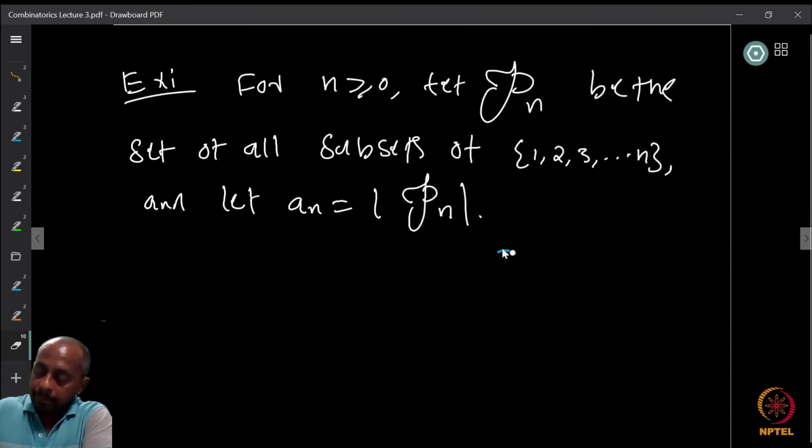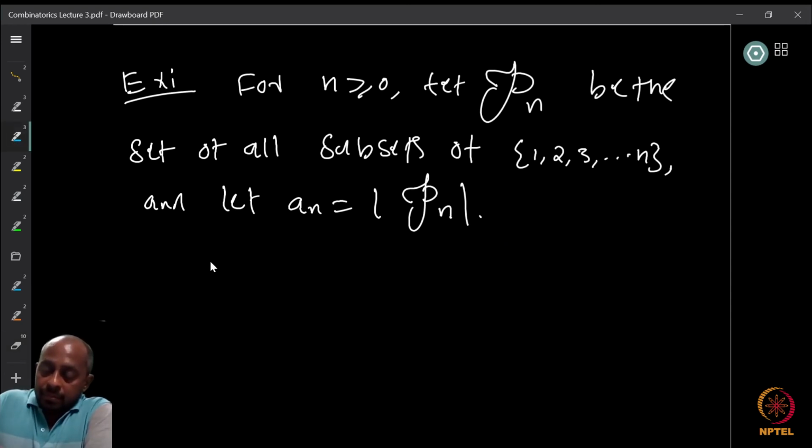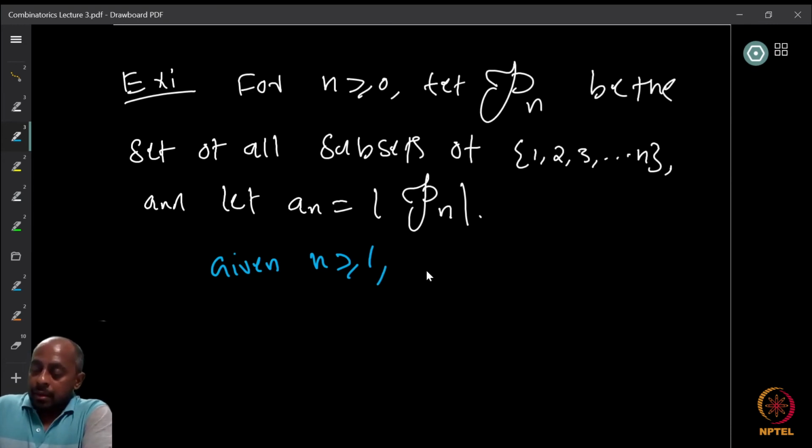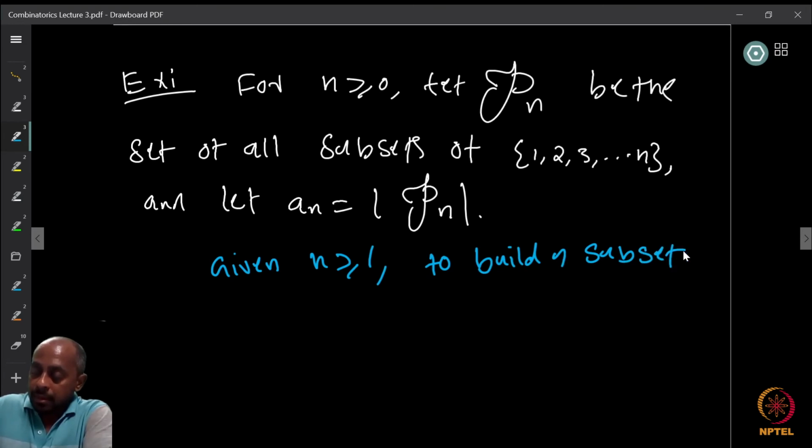Given n greater than or equal to 1, to construct or build any subset, let's say S in Pn, what we can do is the following.